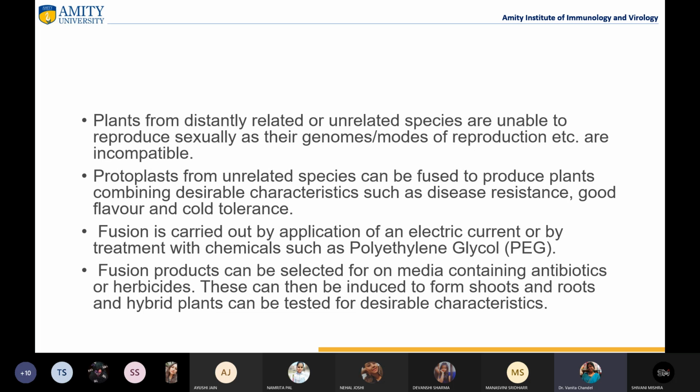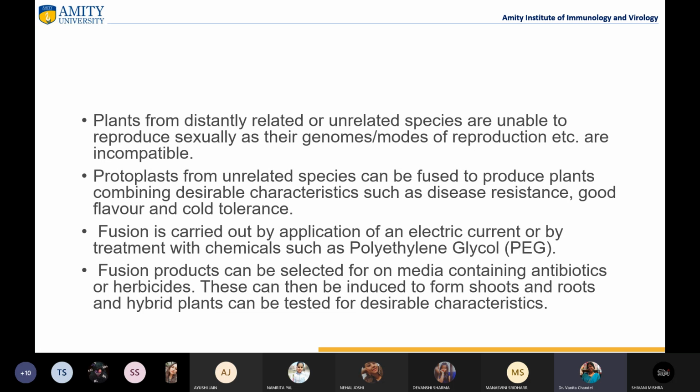So plants from, again, this is one drawback in natural selection, that plants from distantly related or unrelated species are unable to reproduce sexually as their genomes or mode of reproduction are incompatible.